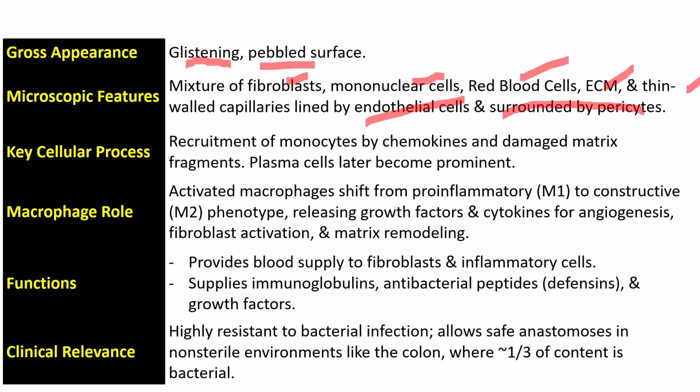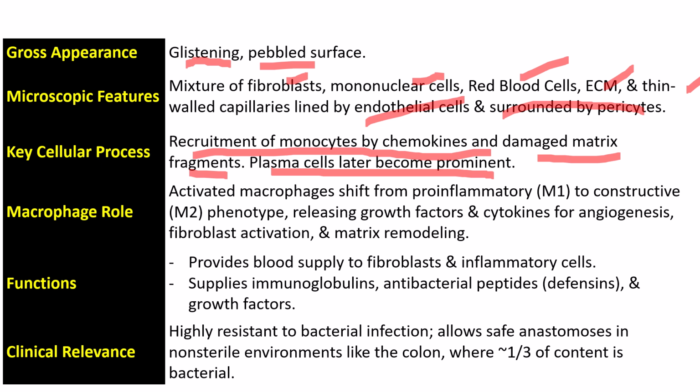The key cellular processes that are involved in the formation of this granulation tissue are recruitment of monocytes by chemokines and damaged matrix fragments. Plasma cells later become prominent in this granulation tissue.